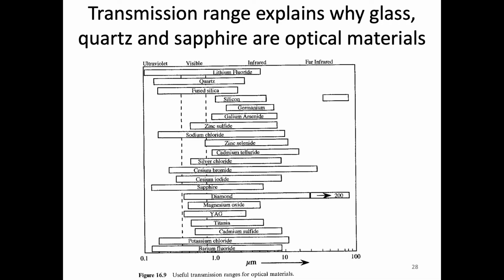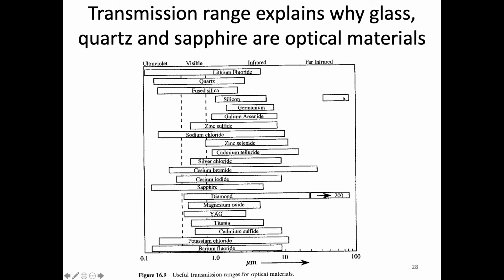And you can see that some aren't continuous. So silicon, we don't think of silicon as a transparent material because, again, if you see that, there's no transmission in the visible spectrum, but it is good for IR or infrared spectrum, where you see a signal here.